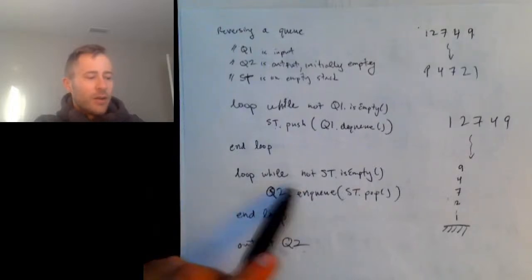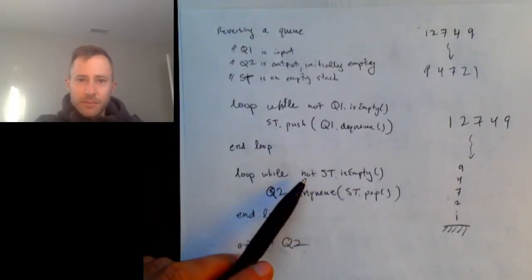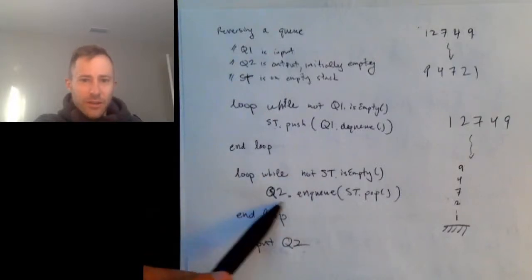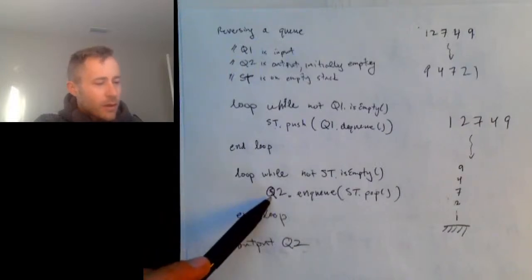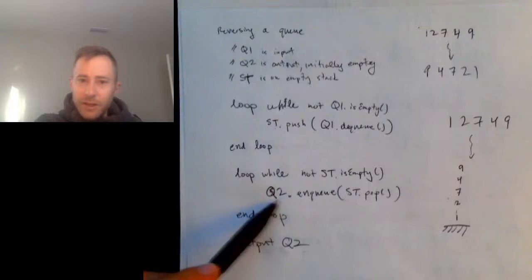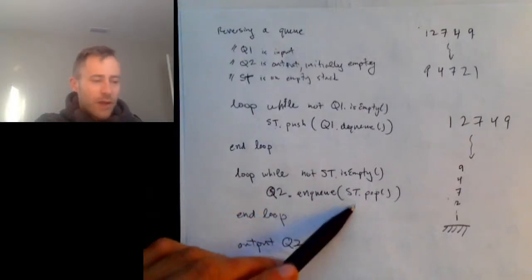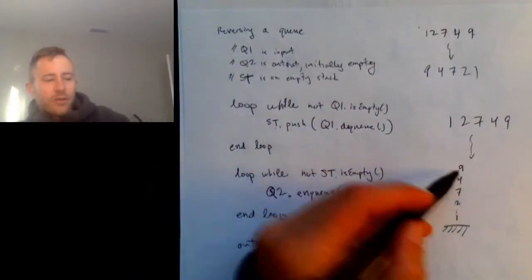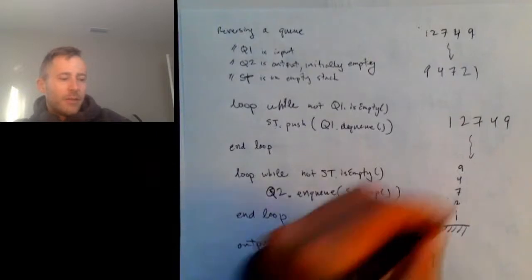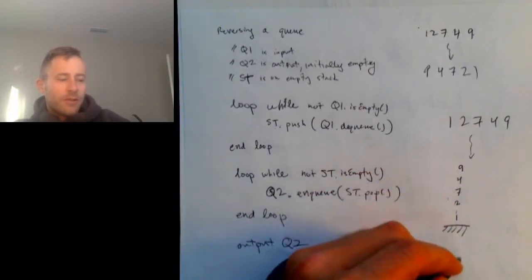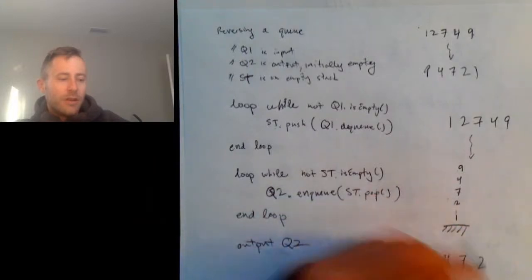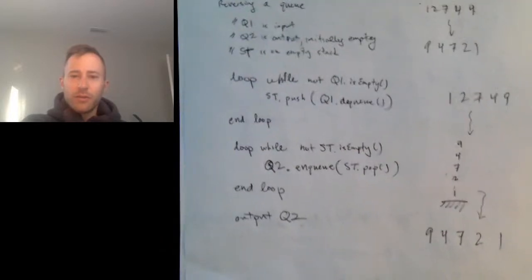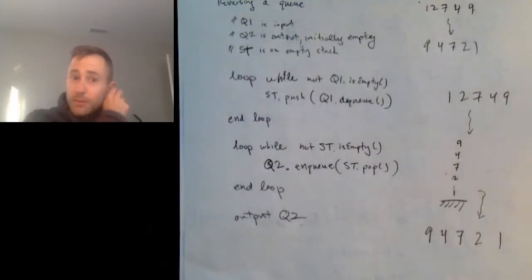Then I loop while the stack is not empty, and I enqueue into the second queue the top of the stack, and I keep doing that. So I enqueue a 9, then a 4, then a 7, then a 2, and then a 1. You can see that has reversed the queue.